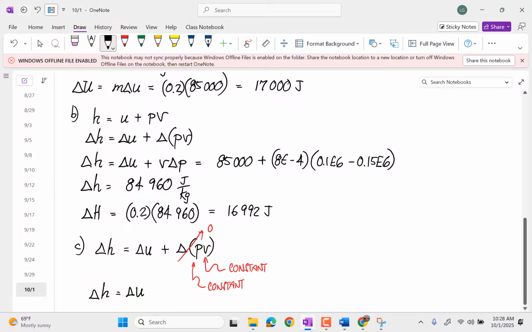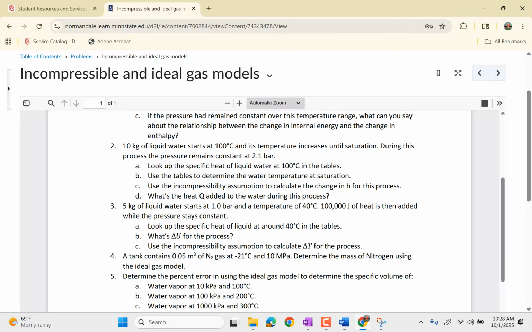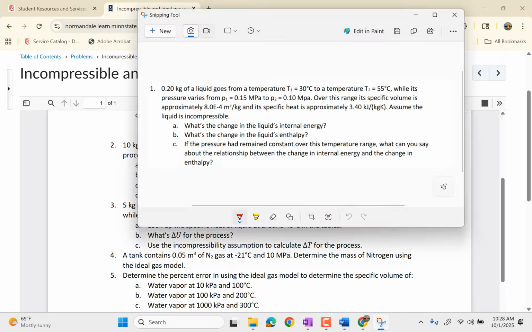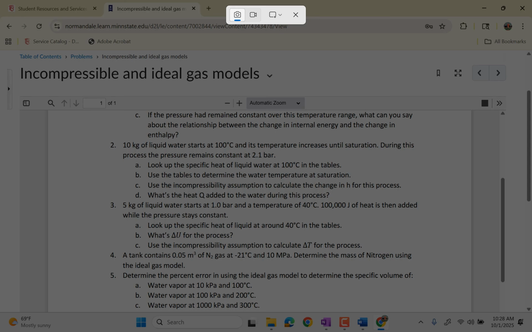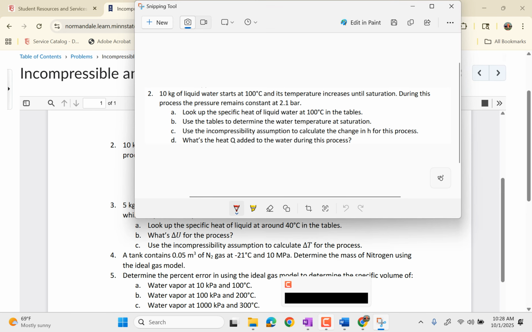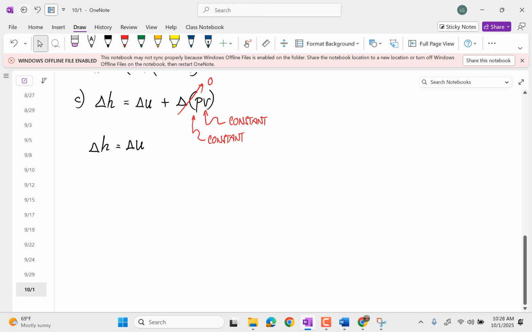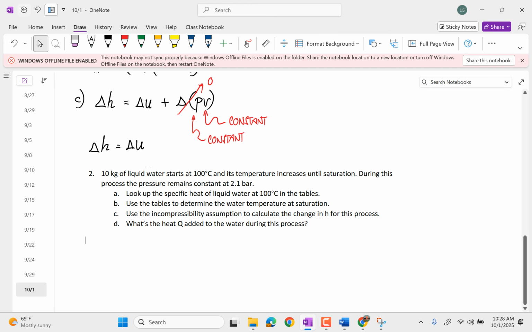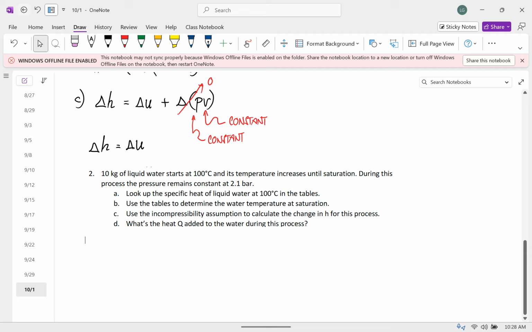Okay, so number 2. Liquid water, so we can treat it as incompressible. Starting temperature is given. It increases until saturation.